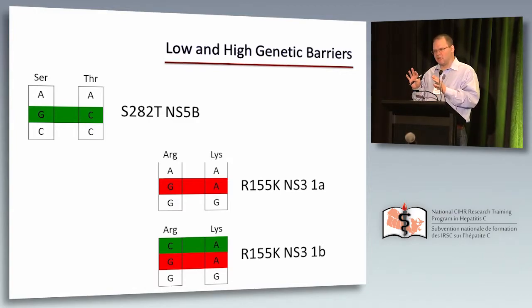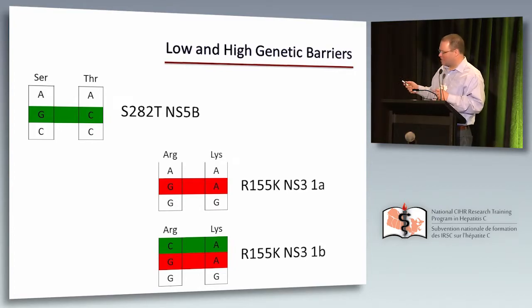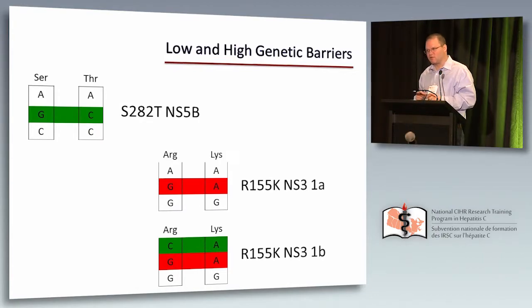Transition mutations require GU or UG mismatches at the active site of the polymerase, and these are easily accommodated by NS5B. So that is a mutation that is easily generated, and that's why transition mutations are in turn easily generated. For transversions, you need other mismatches, G mismatches, for instance, and so forth, and these are hard to accommodate by the polymerase.